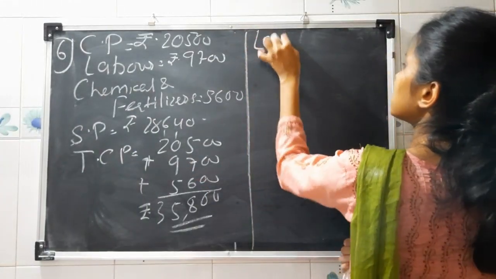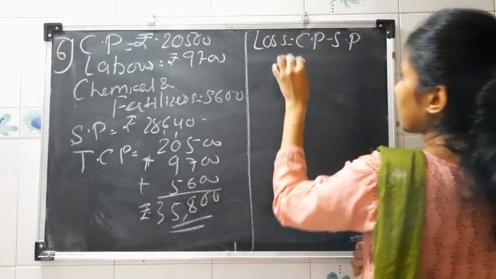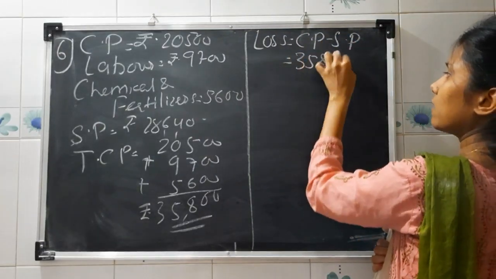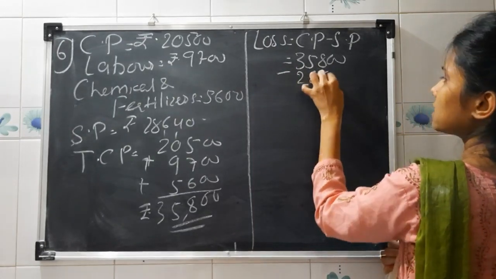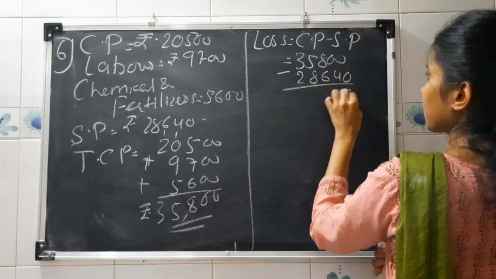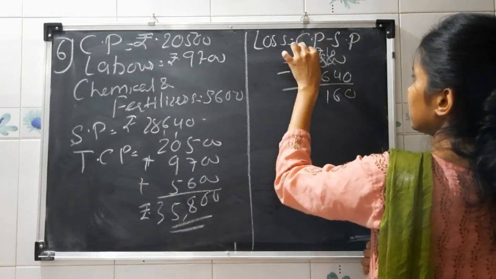So loss is equal to cost price minus selling price. That is 35,800 minus 28,640.